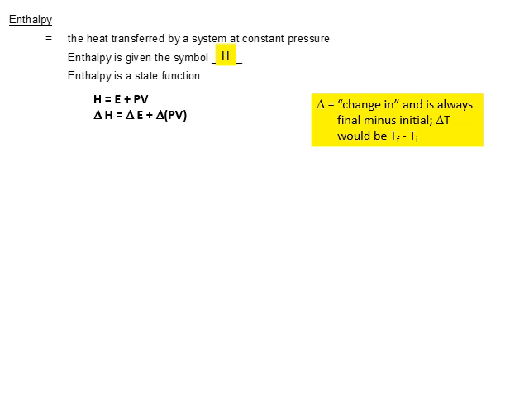Back to our enthalpy equation. We often work with systems at constant pressure. We can rewrite this equation as delta H is equal to delta E plus P delta V when the pressure is constant.